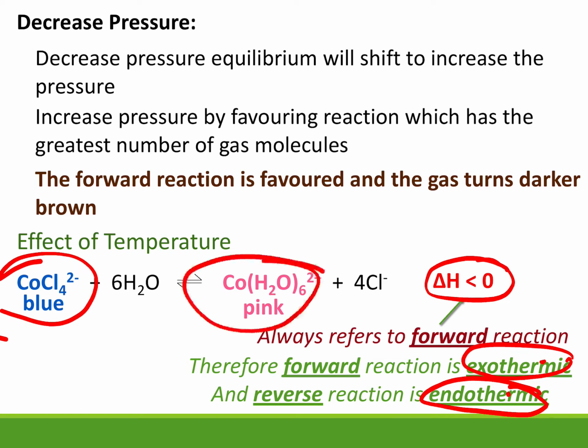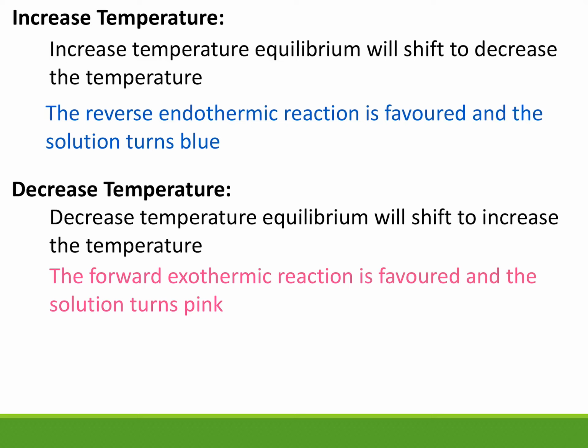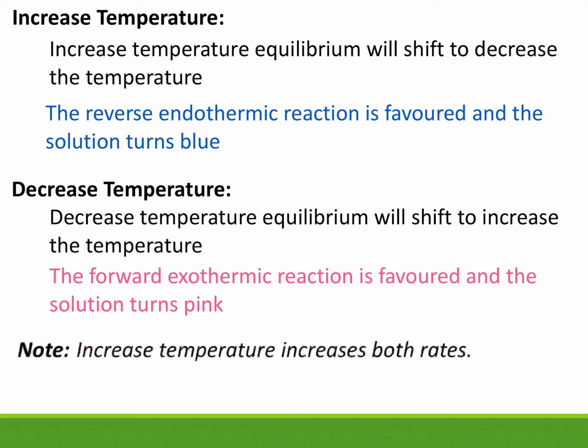So if I'm favoring the reverse reaction, it's going to go blue. If I decrease the temperature, it's going to favor the forward reaction because that's the exothermic reaction, because that increases the temperature again.